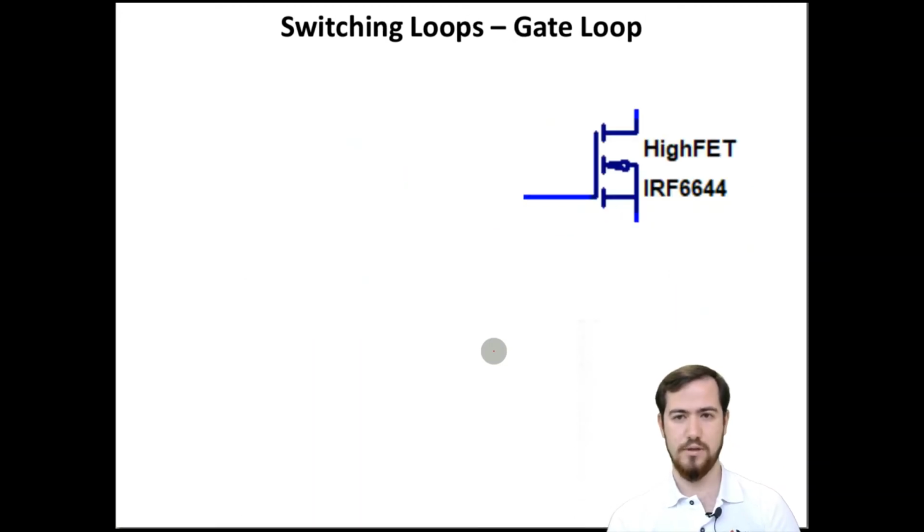So let's talk about the gate loop as well. Let's say we are using similar turn on and turn off resistance, and we have a BJT circuit, let's say. Okay, that's a BJT, and we have another circuit such as this one.